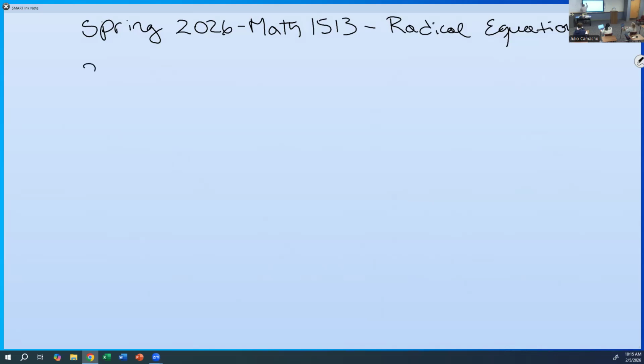You have 2 plus the square root of 8x minus 7 equal to x. That is your equation. Now we have something different that we didn't have before. What can you see that is different?